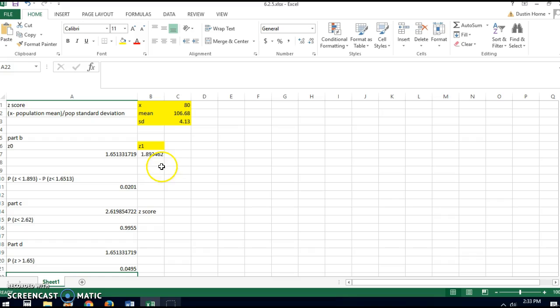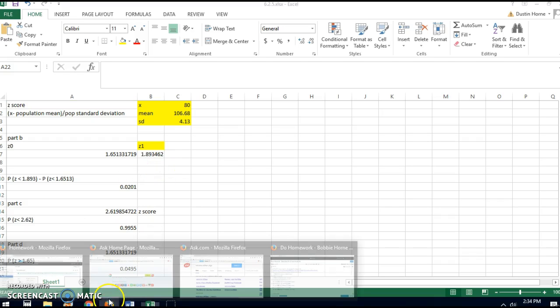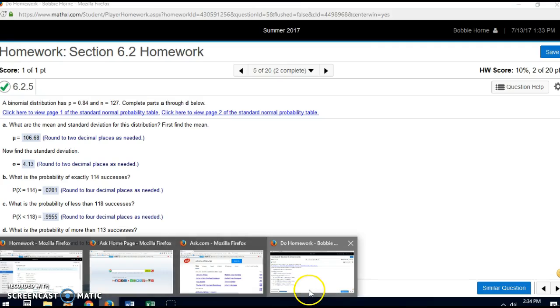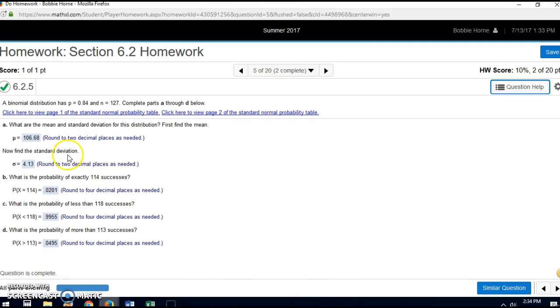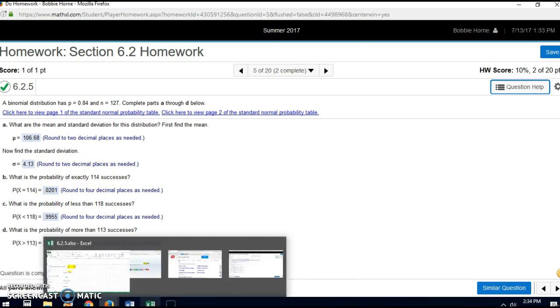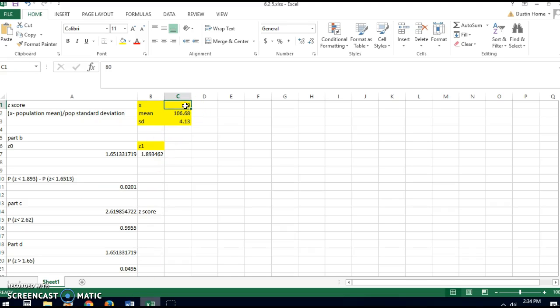Let's look at our x value. We want to know the probability for 114 successes, so our X value here is 114. But we're going to have two X values, 0.5 below and 0.5 above. So 0.5 below 114 would be 113.5, and 0.5 above it would be 114.5.